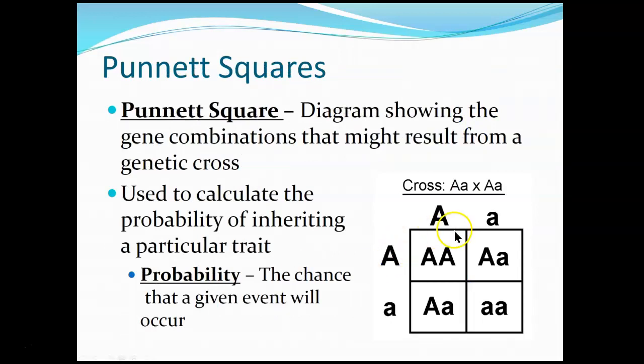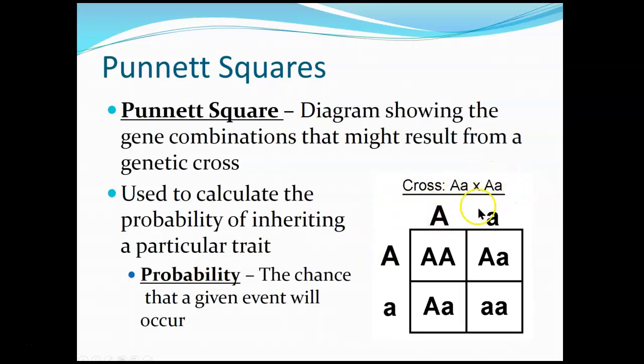So this is a Punnett square, and we're going to be using these quite a bit through this unit. This shows gene combinations that result from a genetic cross, and it helps to calculate the probability of inheriting a particular trait. So we can see here, it says cross, we've got a heterozygous and then a heterozygous here.